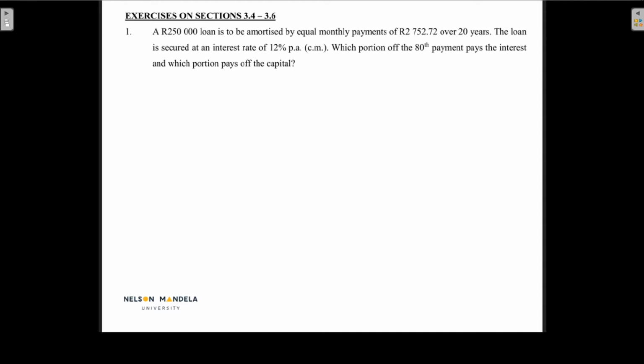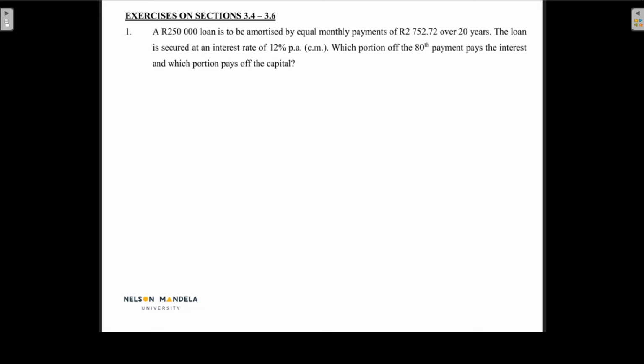When you get a question like this, you need to find the outstanding balance of the previous time period first. If you are interested in the portions for the 80th payment, then we must get the outstanding balance at time T79.